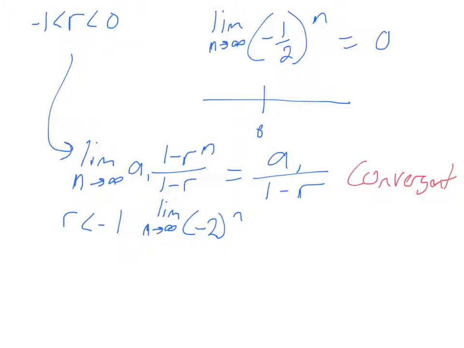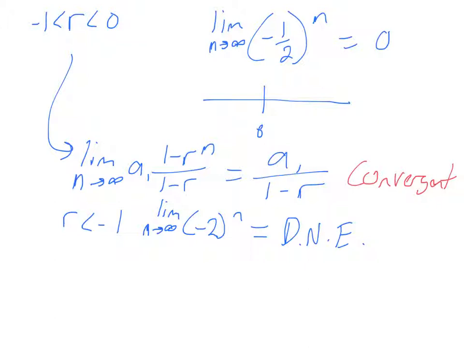It's going to go back and forth between the two sides of 0, but it's going to get farther and farther away because the absolute value of this quantity is going to be growing. But the thing about it is it's not really going to positive or negative infinity because it keeps flipping back and forth. So it truly diverges in every sense. And so for this one, we're just going to say that the limit does not exist at all. It doesn't even go to infinity or negative infinity because it just keeps switching sides of the coordinate plane. So it does not exist.